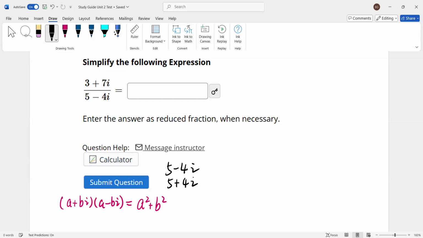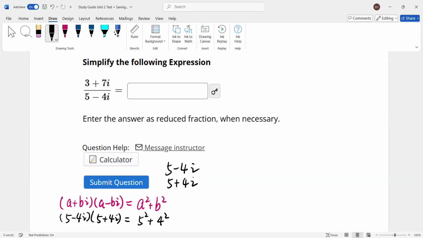So if we multiply the 2 complex numbers together, 5 minus 4i times 5 plus 4i, knowing the real part is 5, the imaginary part is plus or minus 4, then the result by the formula is equal to 5 squared plus 4 squared. We don't have to worry about negative 4 to the power 2, the square of negative 4 and the square of positive 4 are both equal to 16.